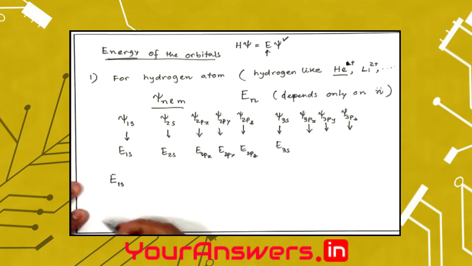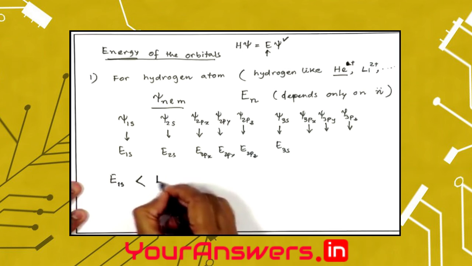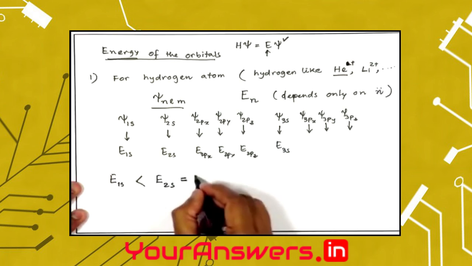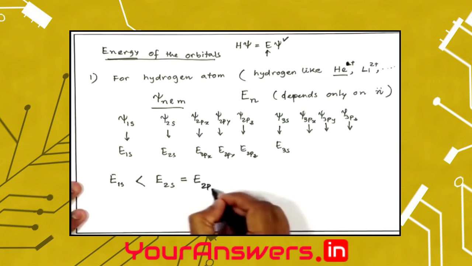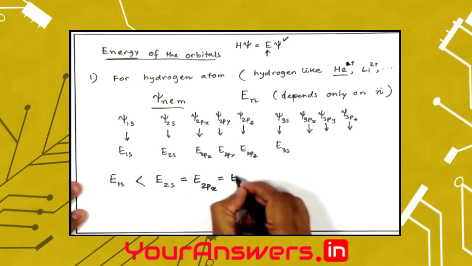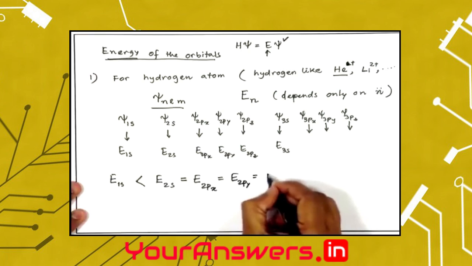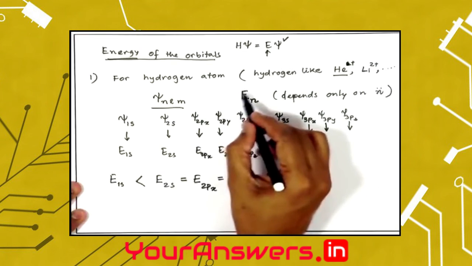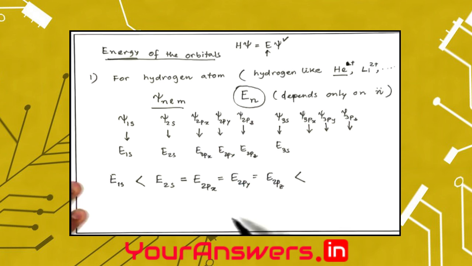The solution for the hydrogen atom showed that E1s has the lowest energy, then comes E2s, and the energy of E2s is exactly equivalent to the energy of E2px, which is E2py, which is E2pz, because as we discussed, the energy only depends on the principal quantum number n.